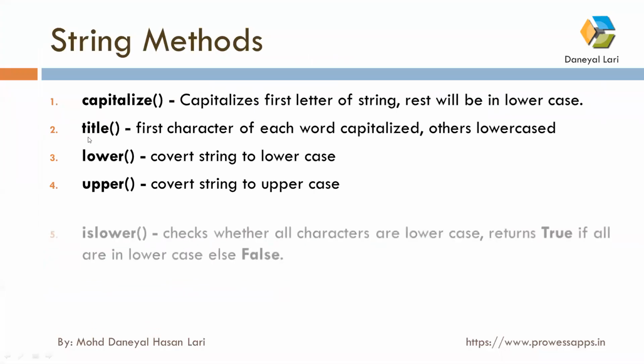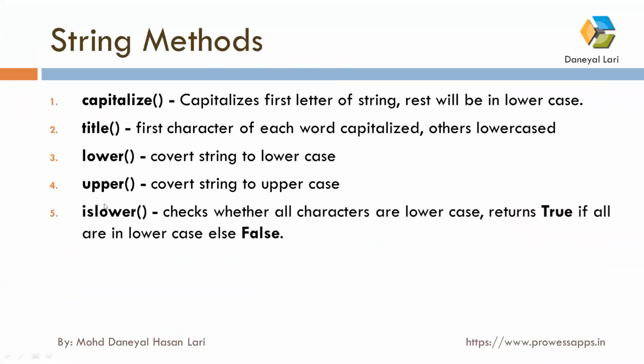The next method is called islower. One tip I want to share with you: if any method's name starts with is, it means that the method is asking something, like can read, can write, is lower, is upper.